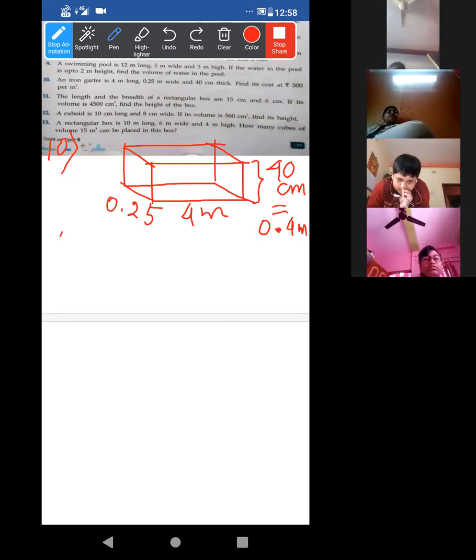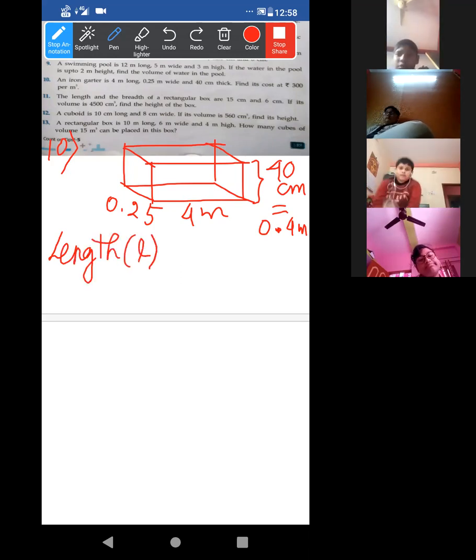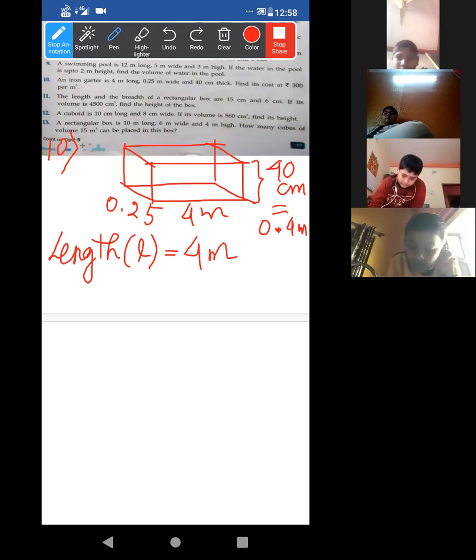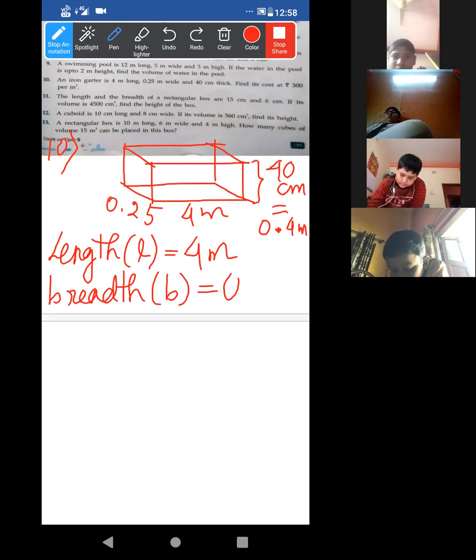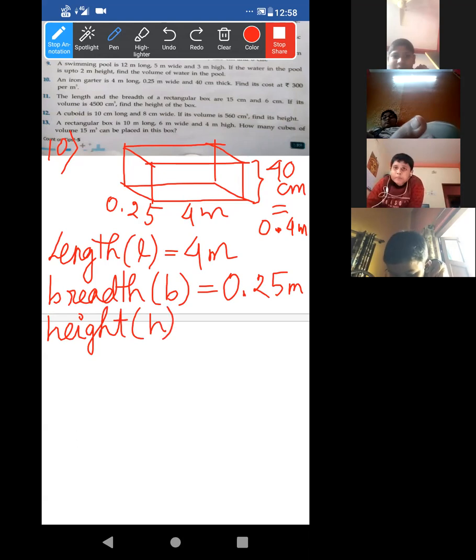Now write over there. Write all the things properly. Length, in bracket write L. Breadth, in bracket write B. That one is equal to 0.25 meter, and height is given. Have you understood why I am writing in bracket, denoting it by L, B and H? Then while we are finding the volume, no need to write length, breadth, the whole word.